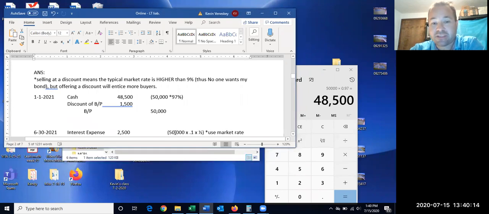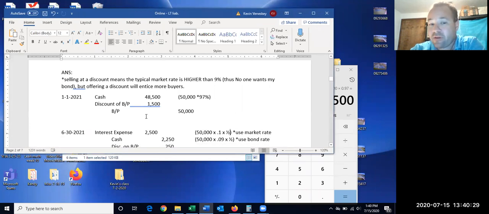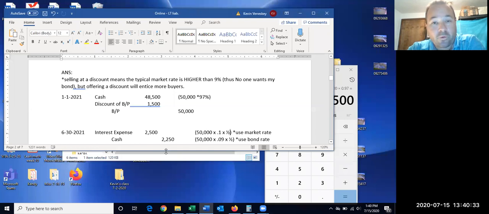So our interest expense is the 50,000 times 10% times half a year. So if you do that on the calculator, it comes to $2,500. Now, even though that's $2,500, that's not what I'm paying to my bondholders. It's stated that they only get 9%. But you think, hey, wait, you calculated 10. Well, there's a reason for that.